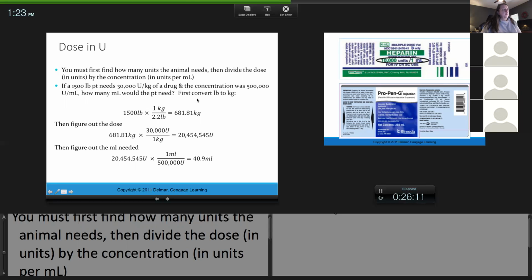The first thing we want to do is get pounds to kilograms. In this problem, 1,500 pounds divided by 2.2, the patient is 681.81 kilograms. Now, it's telling you we need 30,000 units per kilogram. So 681.81 times 30,000 is the amount of units that our patient needs.